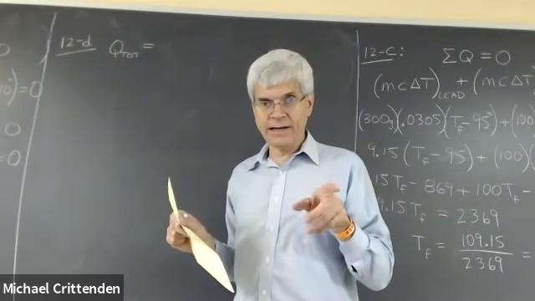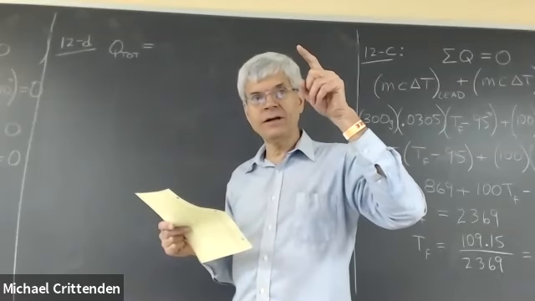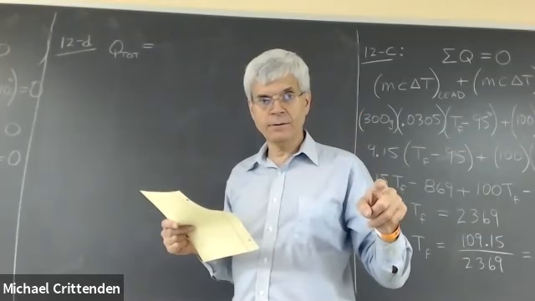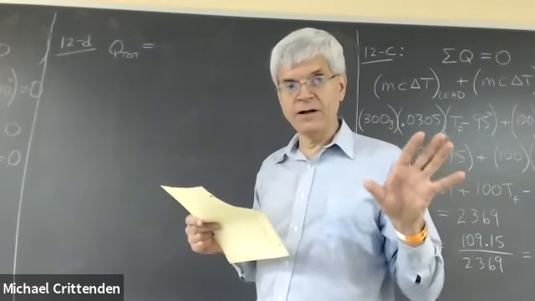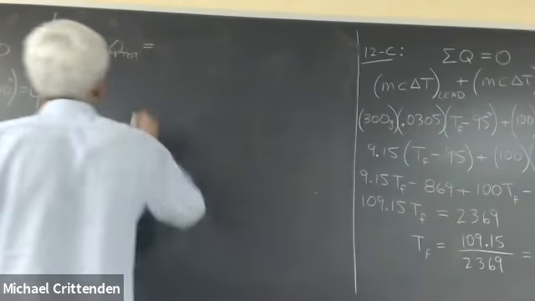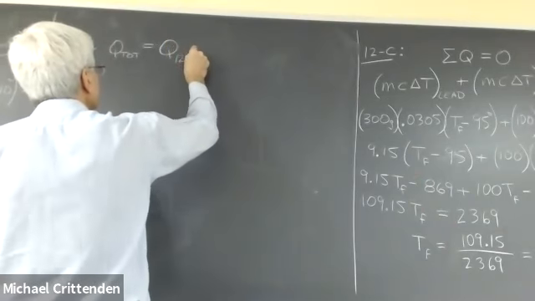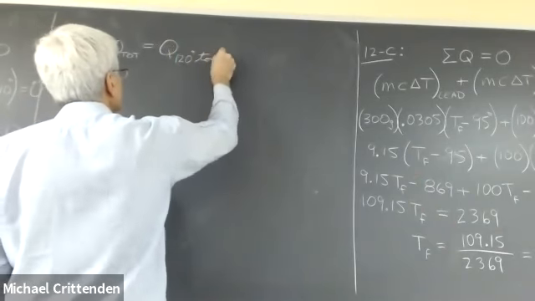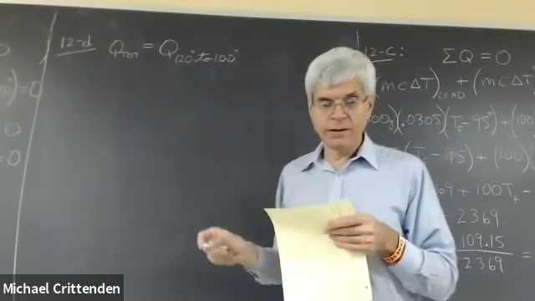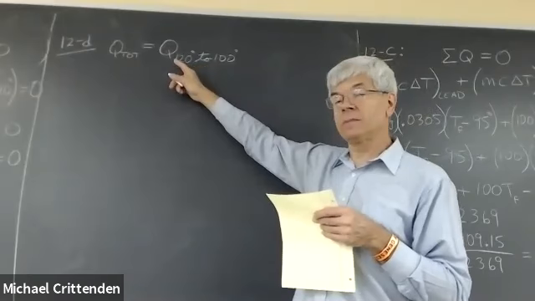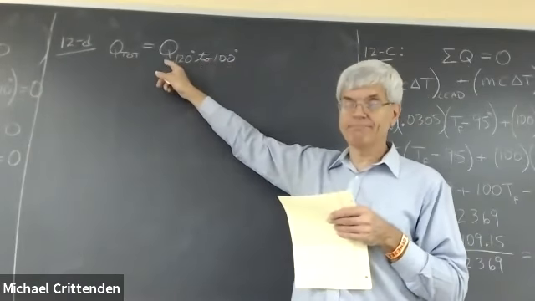The first thing that happens is the 120-degree steam cools down to 100 degrees. It gives off a certain amount of energy as it does this. So the amount of heat to go from 120 degrees to 100 degrees is this.